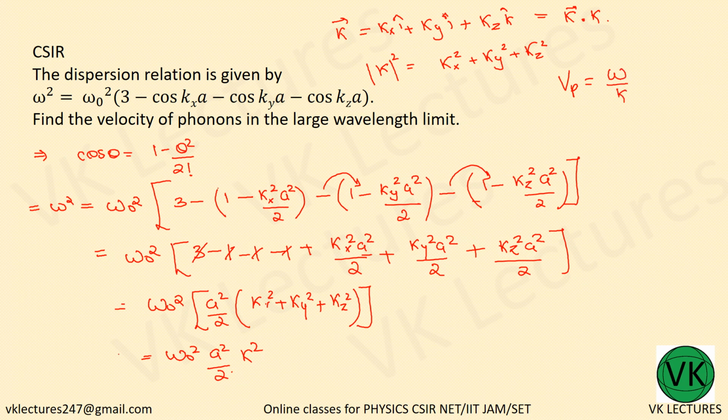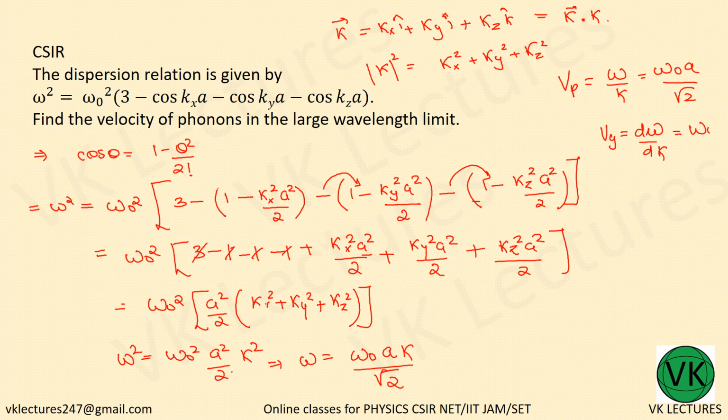So this is omega squared, then omega I can write as omega naught a k by root 2. So Vp is equal to omega by k, that is equal to omega naught a by root 2, and Vg is equal to d omega by dk, that's equal to again omega naught a by root 2. So since Vg equal to Vp, this is again a non-dispersive medium.